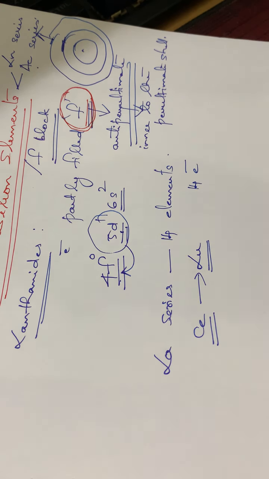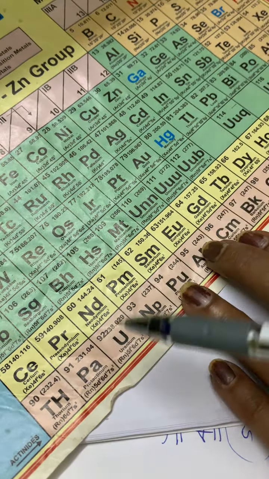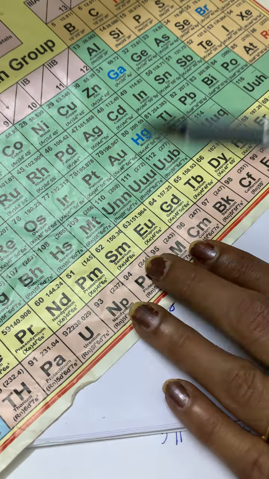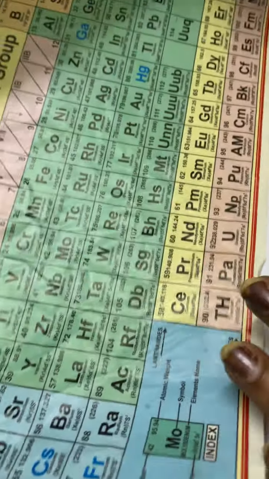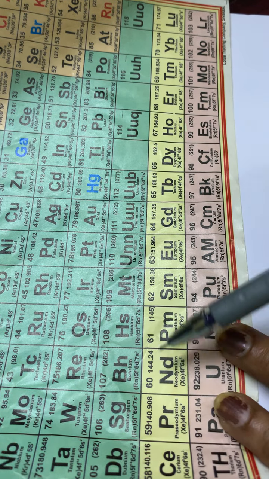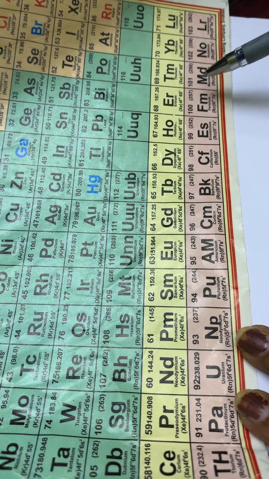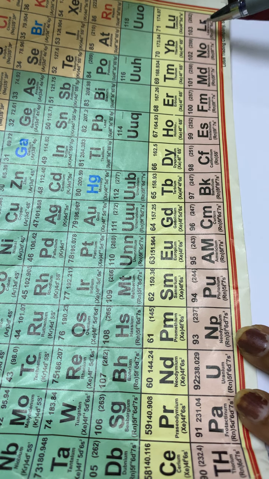So cerium to lutetium, that is the lanthanide series. We can go through these elements. See this yellow colored period, this is the lanthanide series, and the pink or peach color is the actinide series.